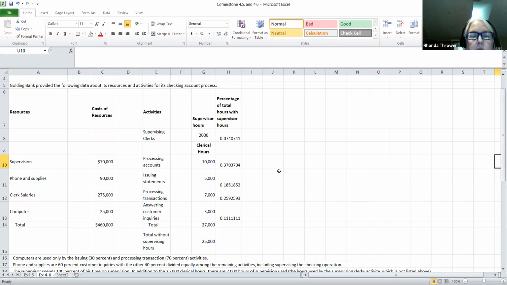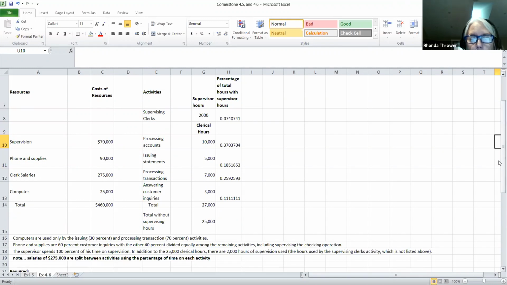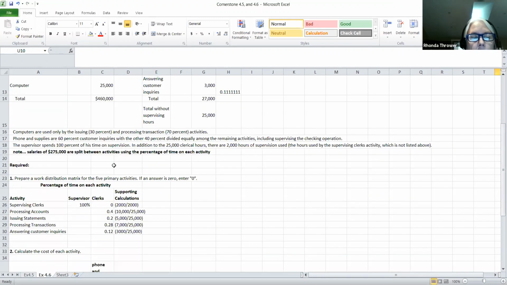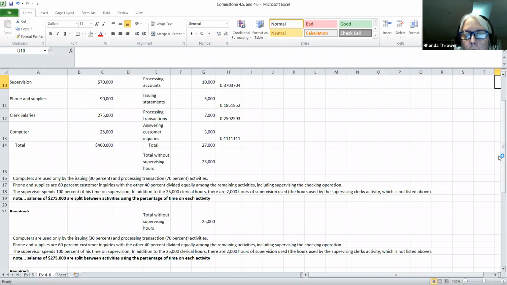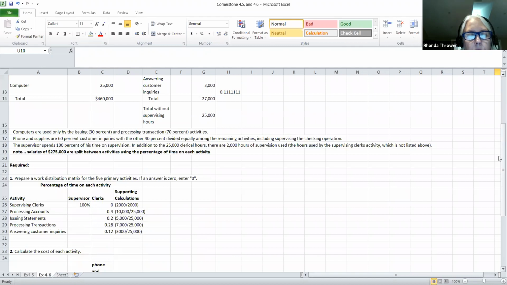The supervisor salary is going to be 70,000 in this particular problem. And since the supervisor spends 100% of his time on supervision, all of that salary is going to be included just for the supervisor.